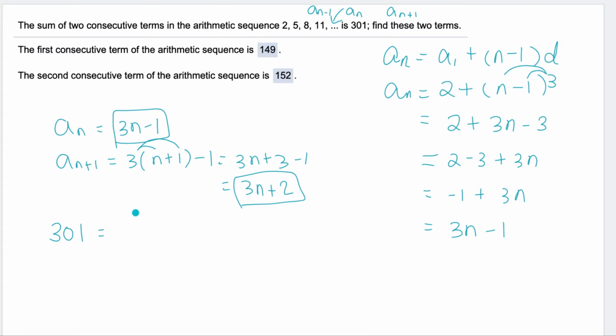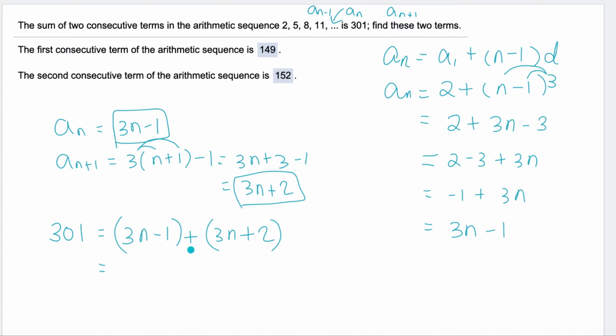And you're going to find what n is, which means the nth term. We're going to find in what order that 3n minus 1 is. So when you're adding these two consecutive numbers, you can find n. That means it's the what-th term, okay? Plus 3n plus 2. So this is one term and this is the next term. These two are the consecutive ones.